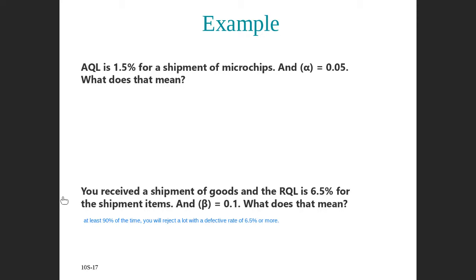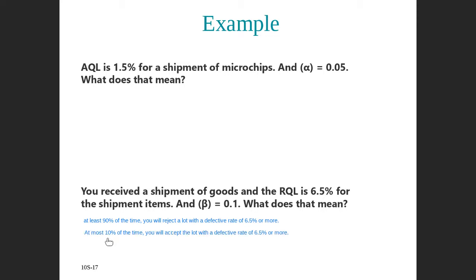Minus the beta value, we can say 10% of the time you will accept a lot with a defective rate exceeding the RQL. This is the negative point of view, or bad news, for the consumer.